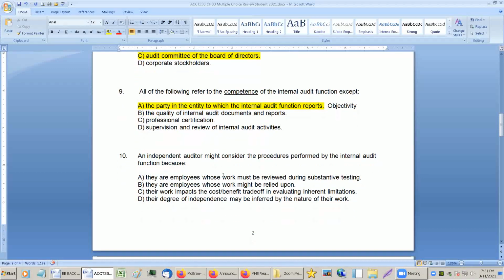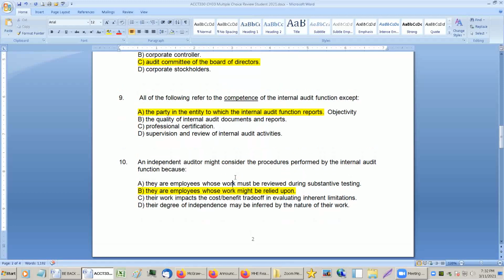The independent auditor might consider the procedures performed in the internal audit function. This is somewhat of a tricky one, and you guys got it. It's B. By the way, this one says the employee's work must be used.